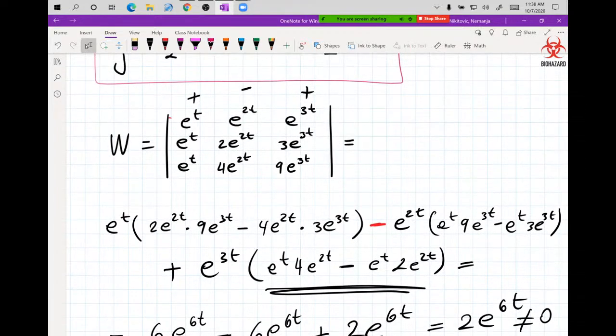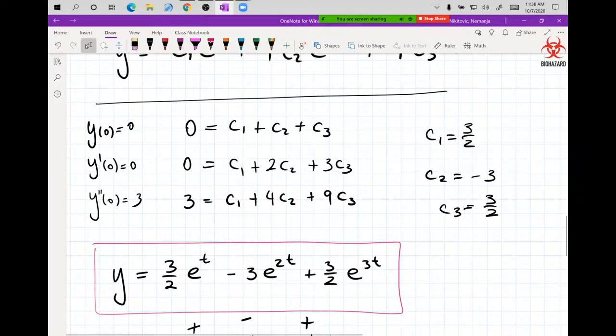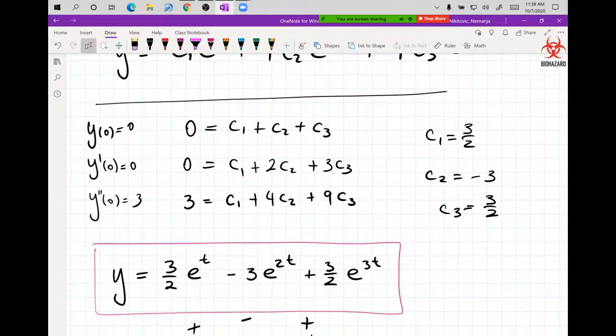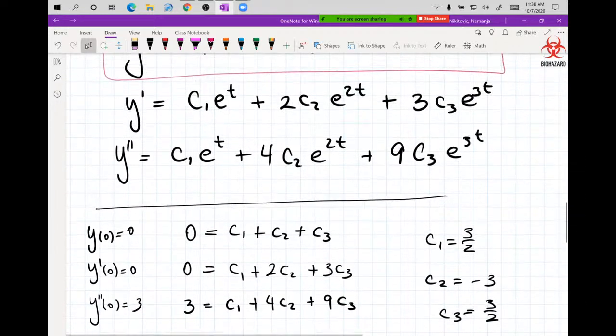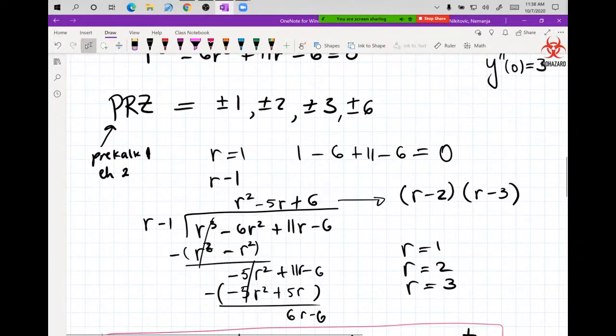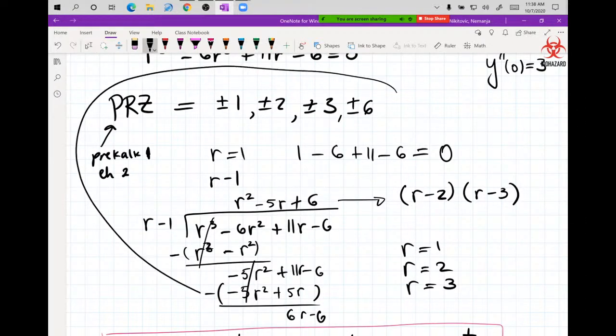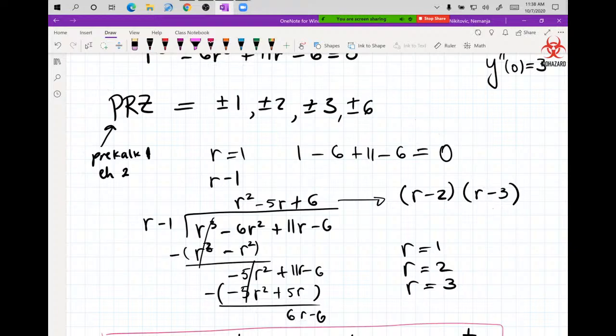Again, all of these calculations that you have seen here become way worse when you have 4th order, 5th order, 13th order, because you have to factor, right? And if you don't have access to a computer to factor quickly, then the pre-calculus procedure is going to take some time.